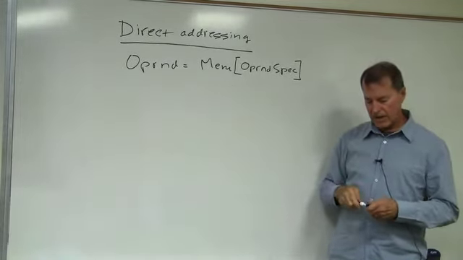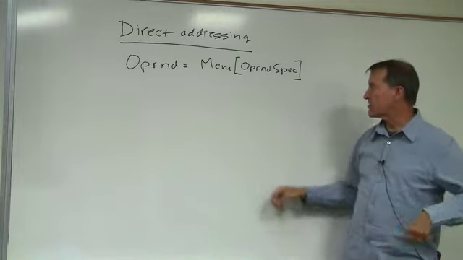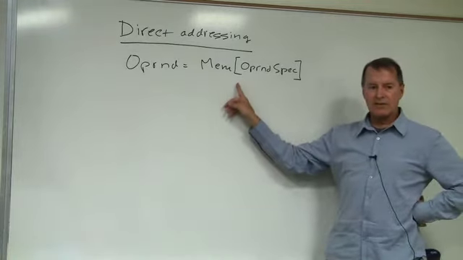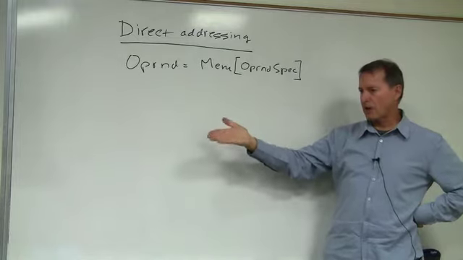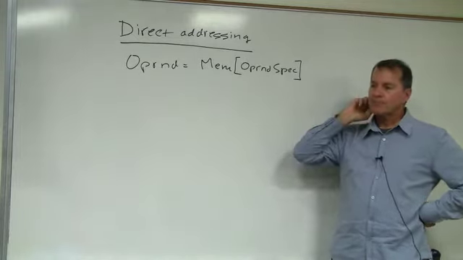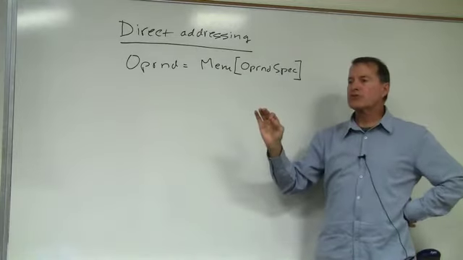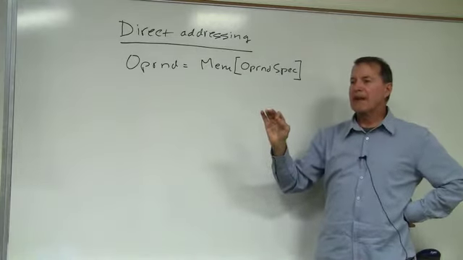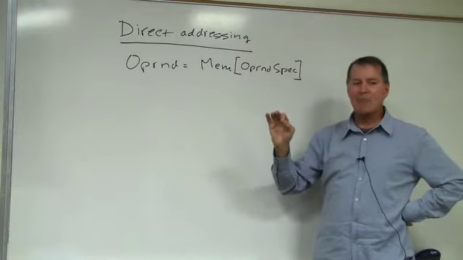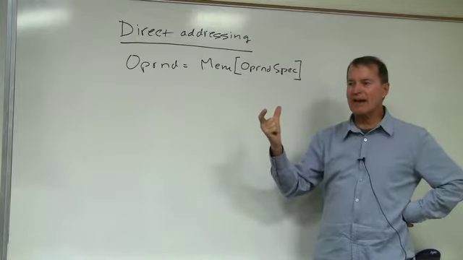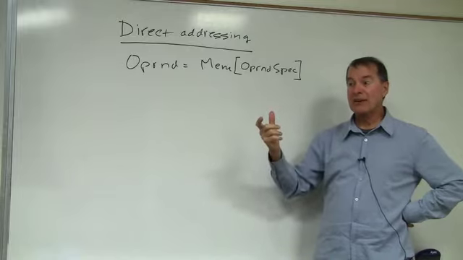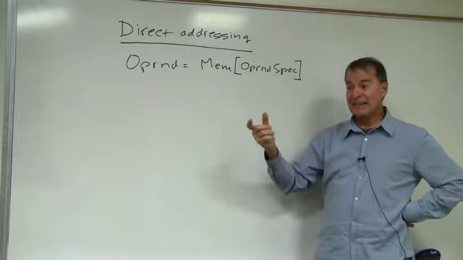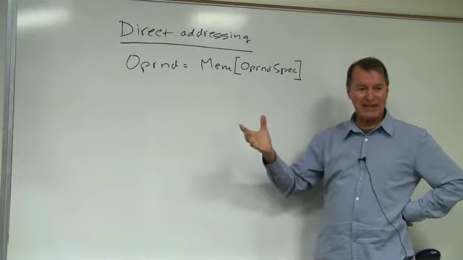Now, the reason we use this notation: what does this square bracket look like in C++? It's like an array. So you should think of main memory as an array of bytes. Do you remember how we said each byte has an address? So you can think of the address as being the index of the array.